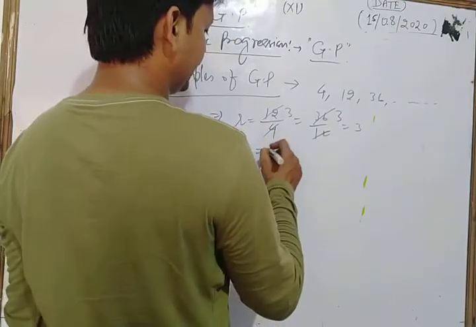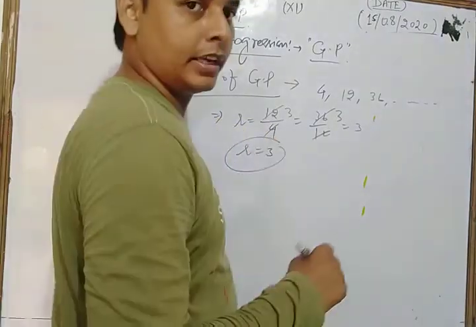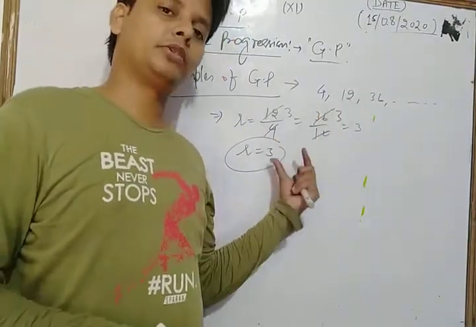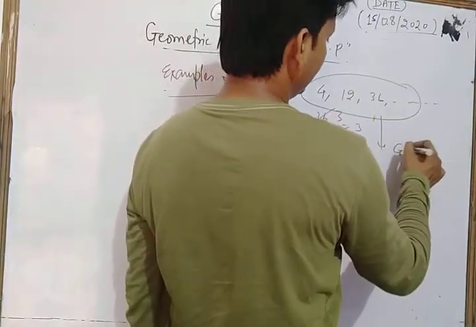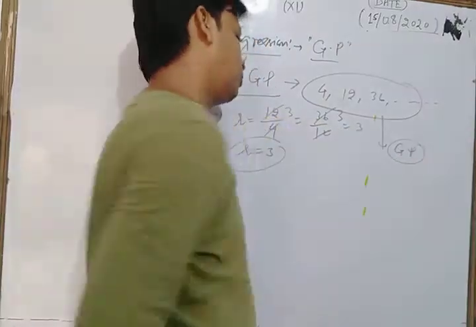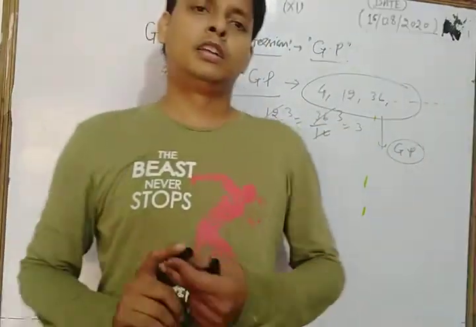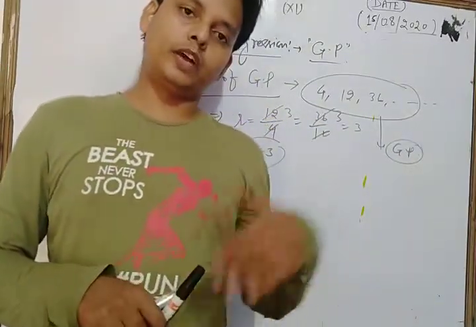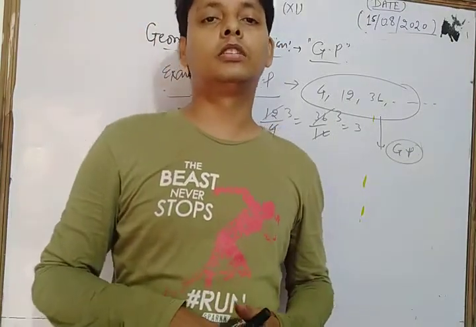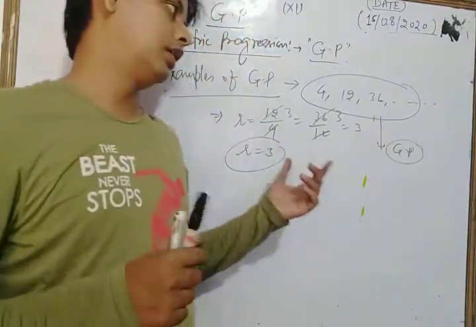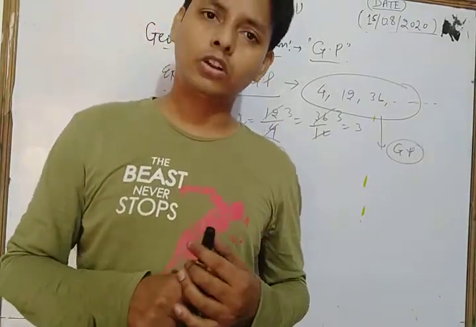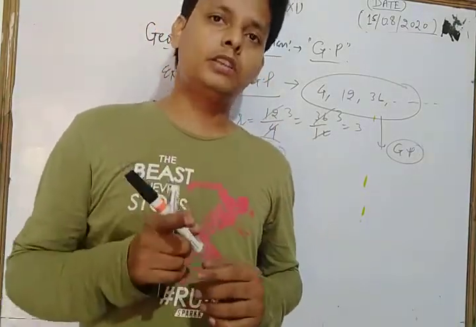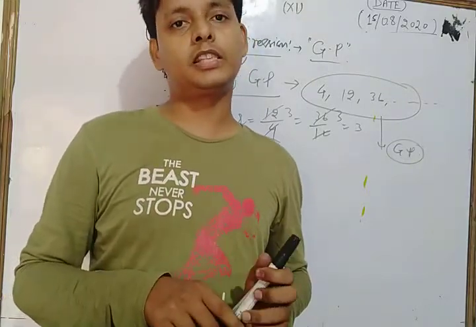So we observe that the common ratio is the same, so the resulting sequence is a GP. This is the condition to determine whether any given sequence is a GP or not. For a GP, the common ratio is always the same for each term.